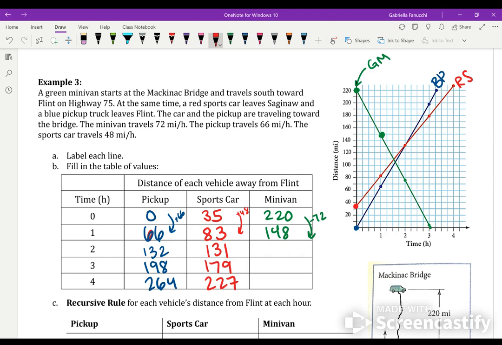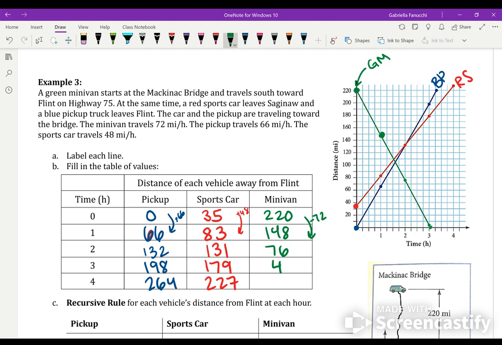Okay. For the green minivan, we're subtracting 72. 148 minus 72, 76. Minus the 72, we should get 4. And if you notice, if I keep subtracting, I'm going to get negative, but we can't do negative time.